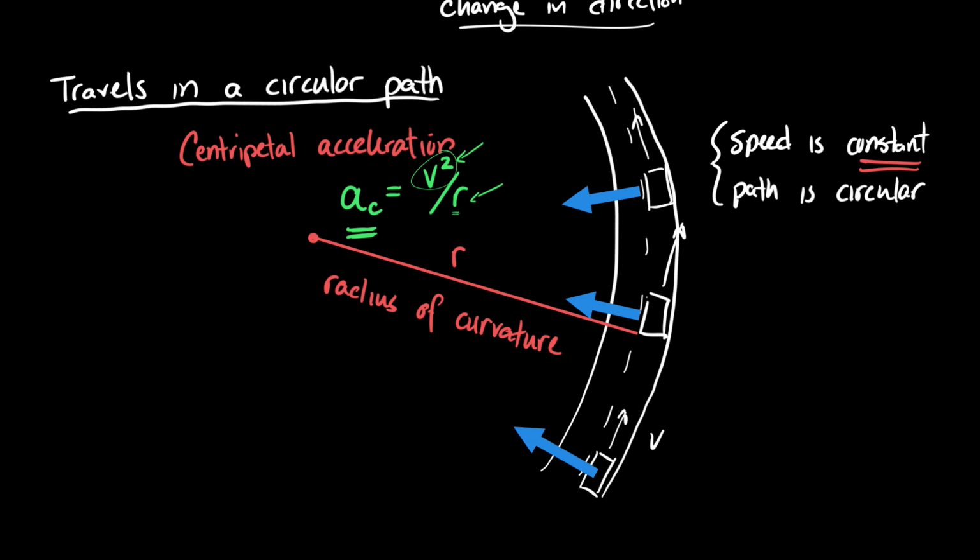That's what you need to know. It's in the name. Centripetal means center pointing. So when we say centripetal acceleration, we are saying that the acceleration points towards the center.